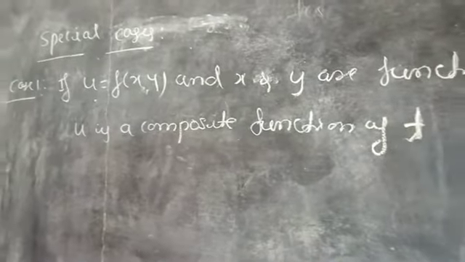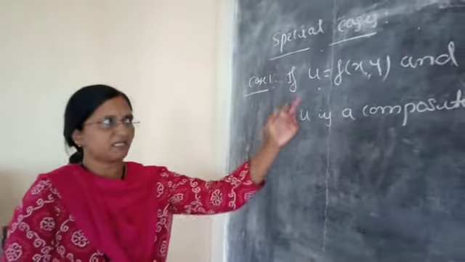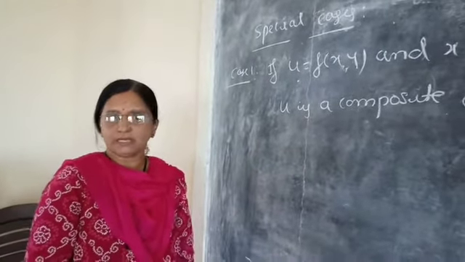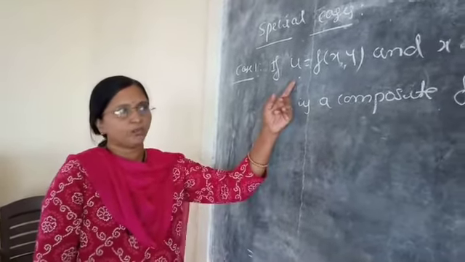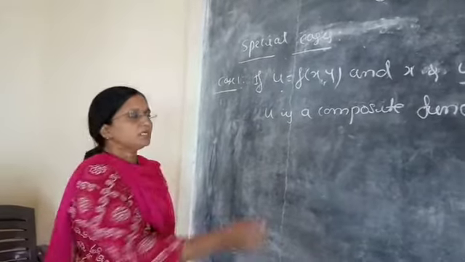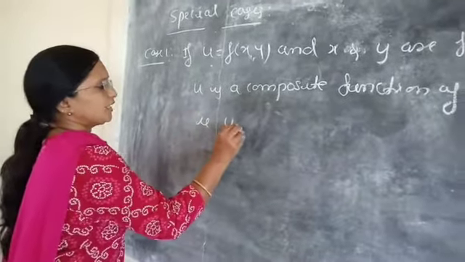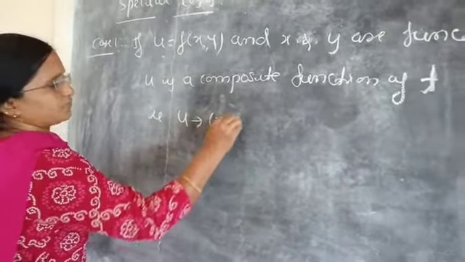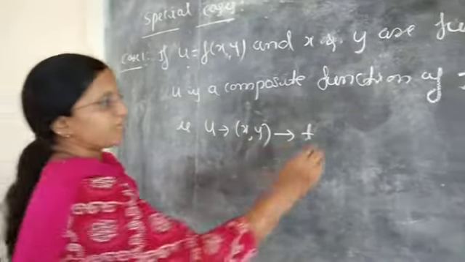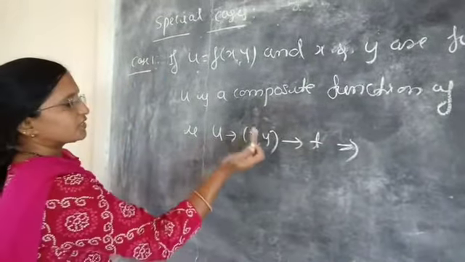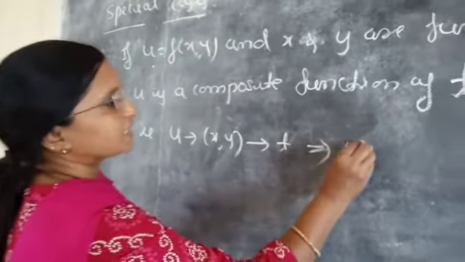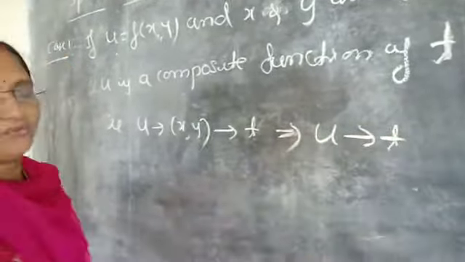You know, composite means a function of a function. That is, u is a function of x y, and x y are in terms of another variable t. Then we can say that u is a function of t.